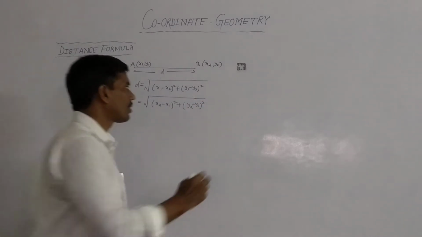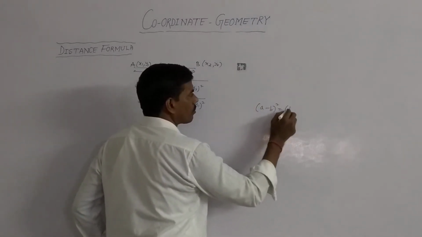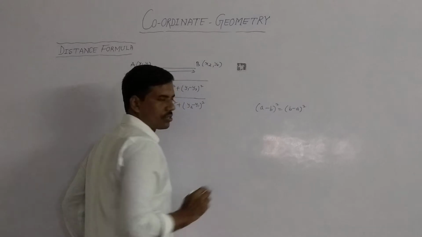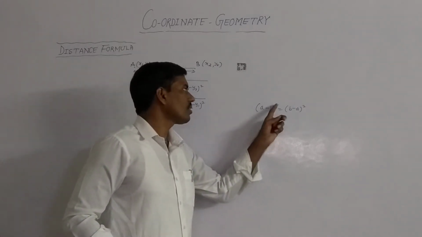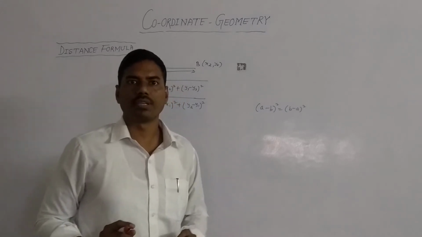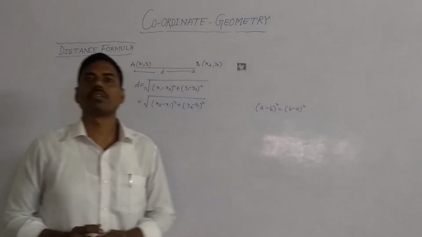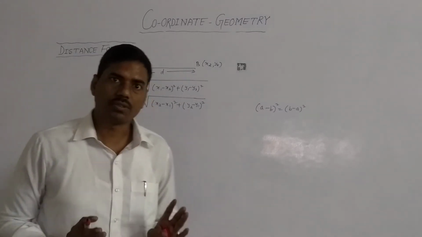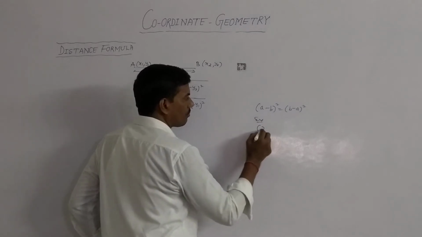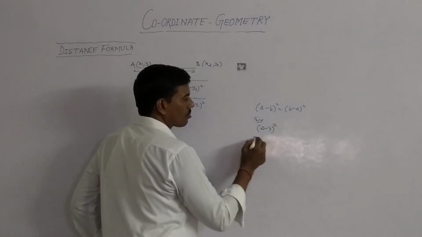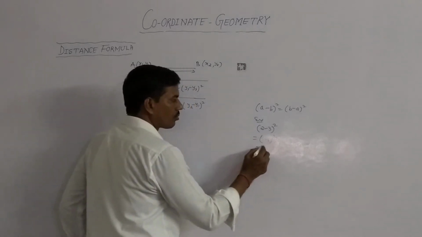Because we know that (a minus b) to the whole square is equal to (b minus a) to the whole square. For example, (2 minus 3) to the whole square: 2 minus 3 is minus 1, and minus 1 squared is 1.